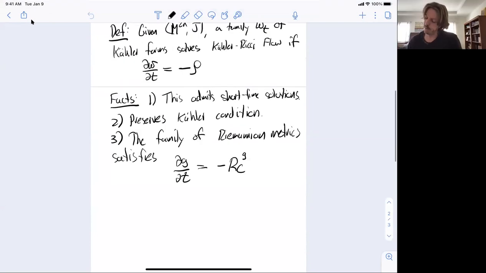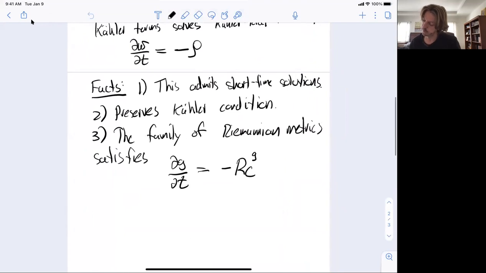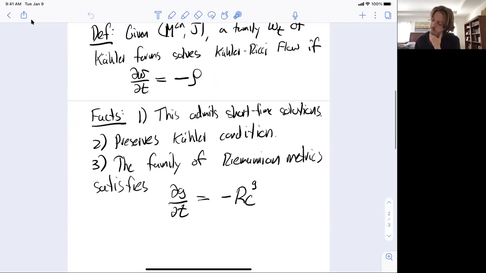Okay, so I guess maybe I wrote these things a little bit out of order. If I have this solution as stated, I already assumed it's a family of Kähler forms. But alternatively, you could think of this as just saying the Ricci flow equation, starting with a Kähler initial condition, will preserve Kähler, and the Kähler forms will satisfy this equation.